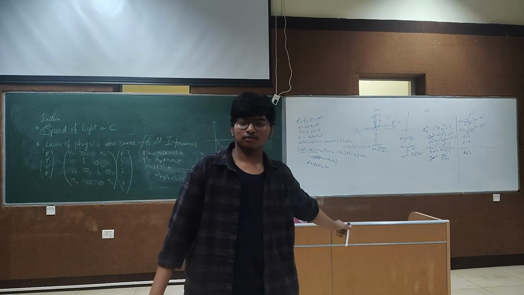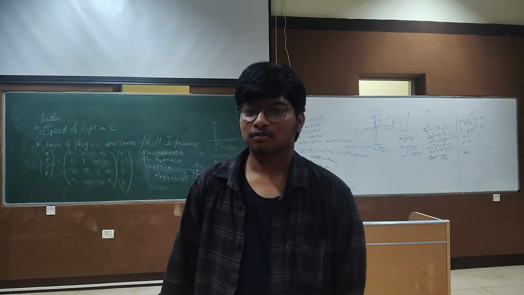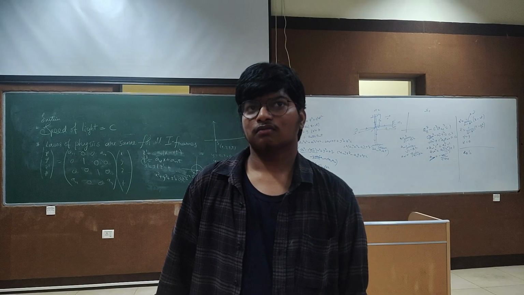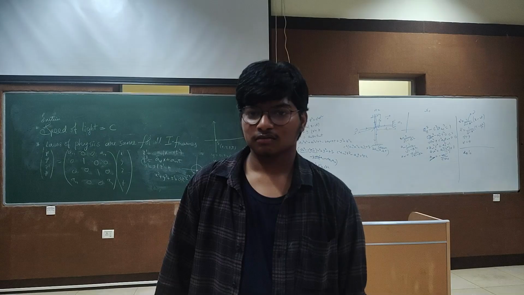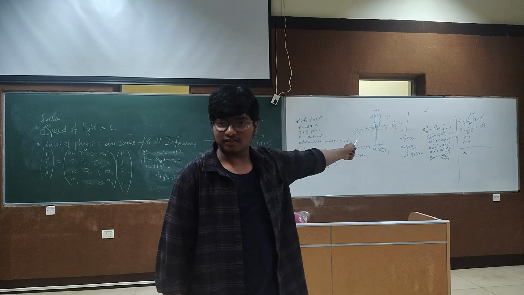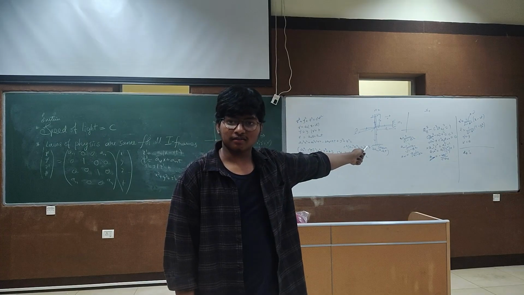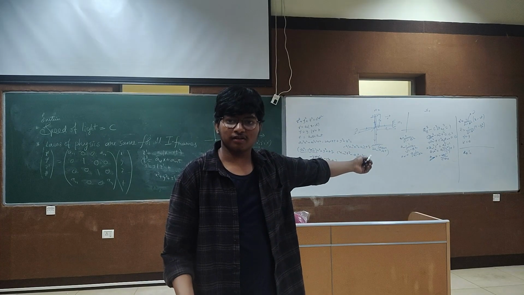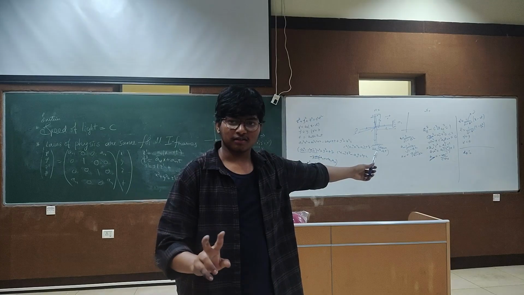Can we treat x and t as independent parameters or not? We can. Technically you have only two equations and four parameters. So how many independent parameters do you get? Two, right?